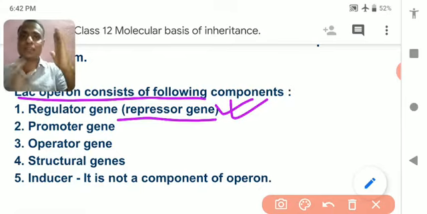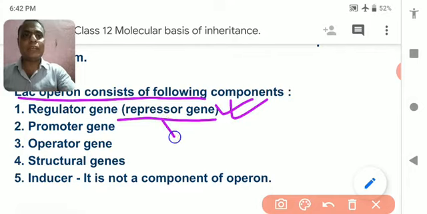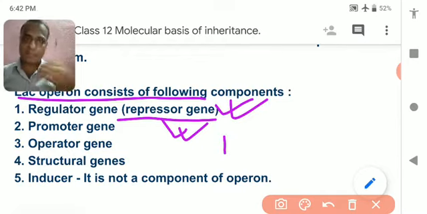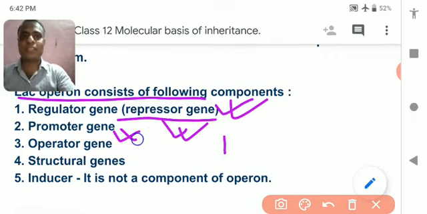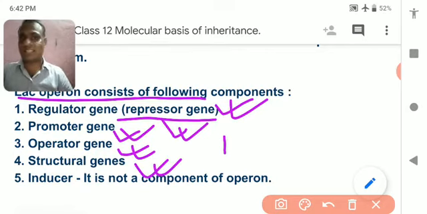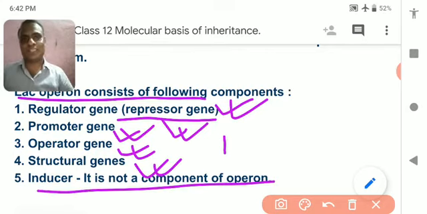When the lactose is absent, the regulatory gene gets activated and produces the repressor, or repressin, and this repressin stops the process of formation of protein. Next, the promoter gene, after that the operator gene, after that the structural gene, and there is an inducer. What is the inducer? Yes, lactose is the inducer.